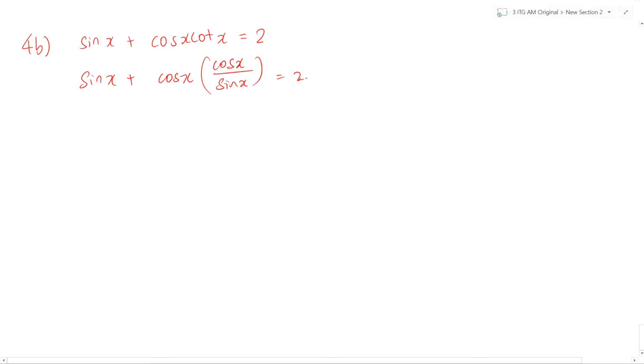Then are you okay? From here we times sine x because we got a fraction, right? So sine square x plus cosine square x equals 2 sine x. Yes? Wait, can you split the bracket? What do you mean split the bracket? Okay, this step all okay? Agreeable?